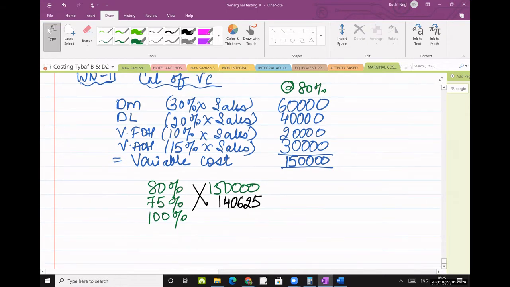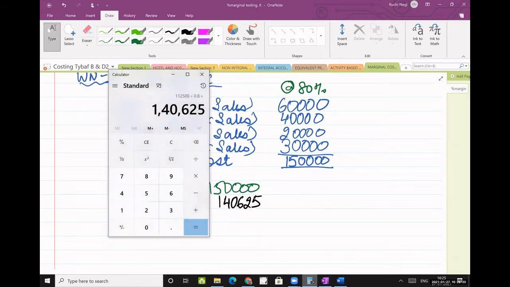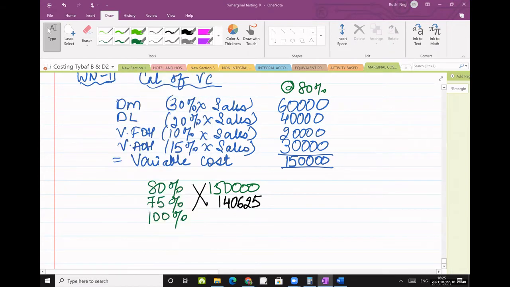Similarly, calculate for 100%. 1,50,000 into 100 divided by 80, 1,87,500.